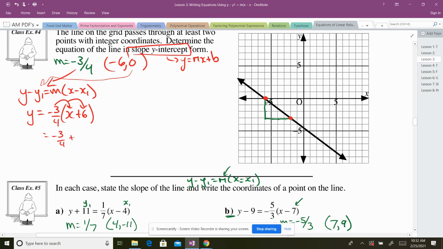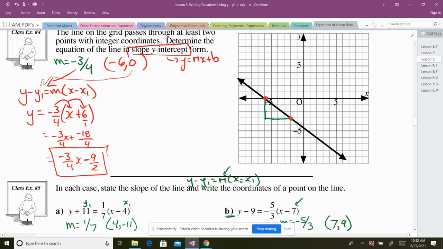How do you multiply fractions? There you go. So that's like 6/1. And you multiply 6 times -3, which is over 1 times 4, which is 4. Can you reduce that? So I get -3/4 x minus 9/2.